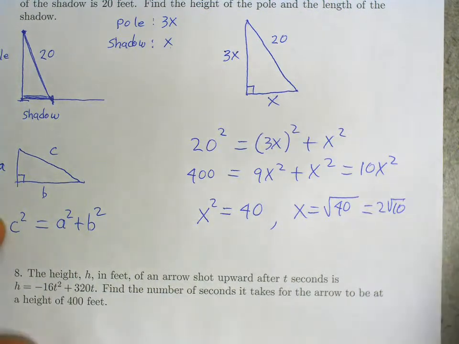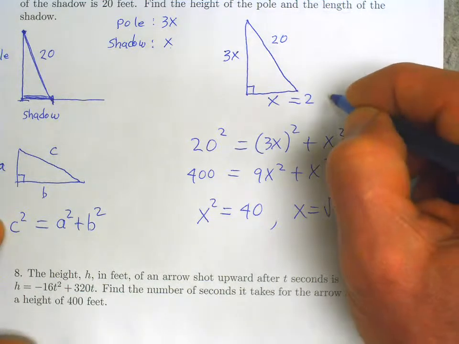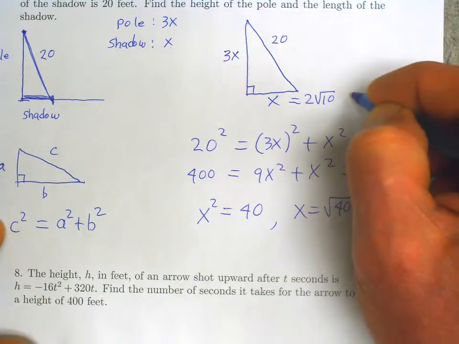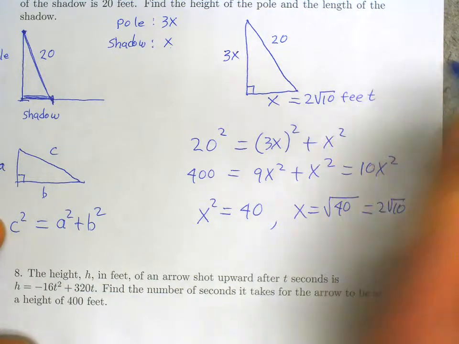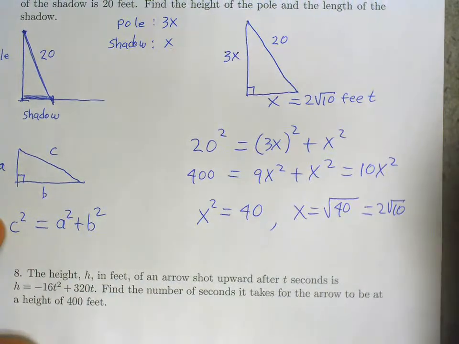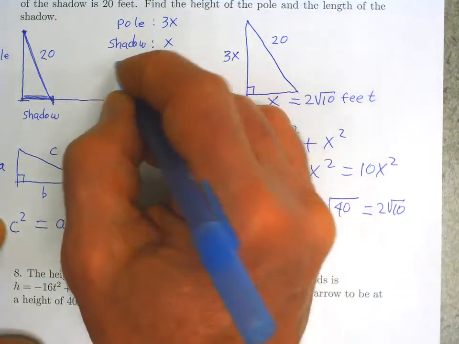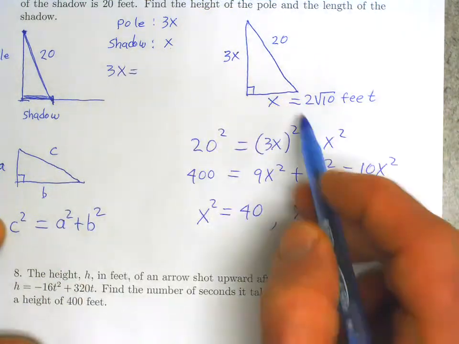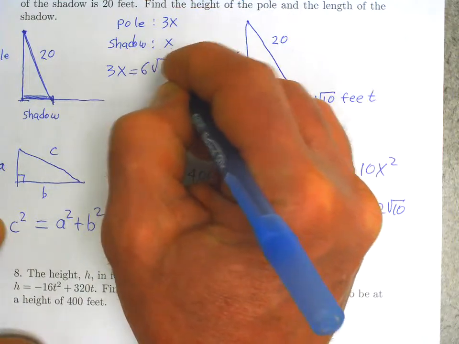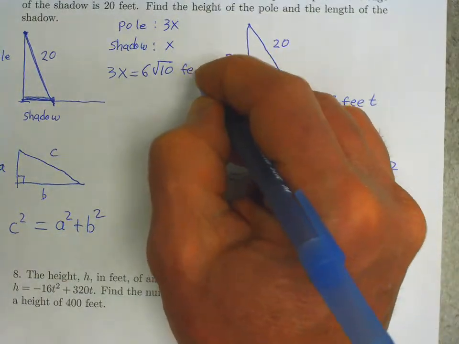Okay, so the length of the shadow is 2 times the square root of 10 feet. And the height of the pole is 3 times that. So 3x is 6 times the square root of 10 feet.